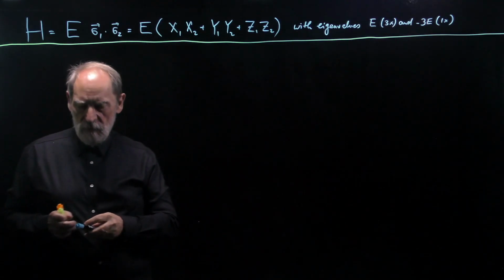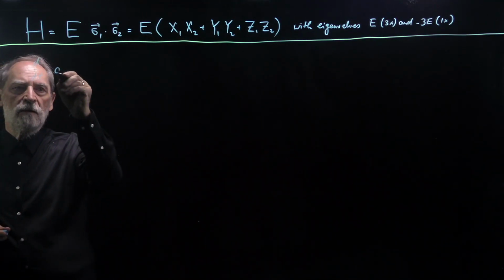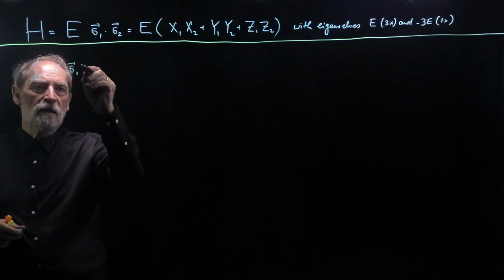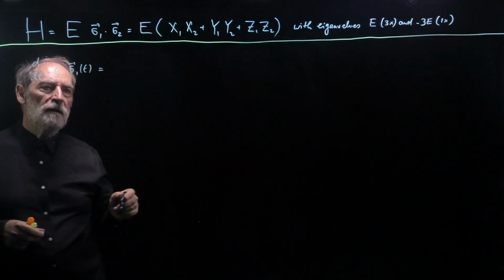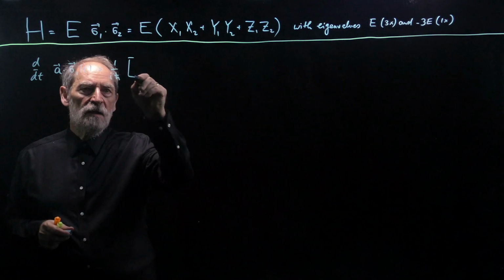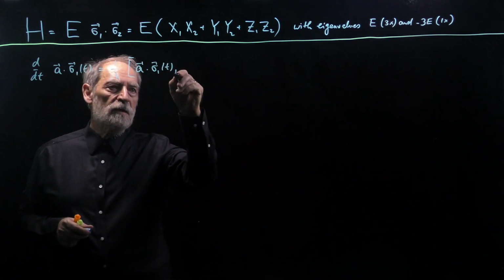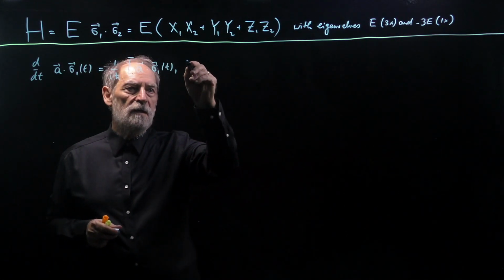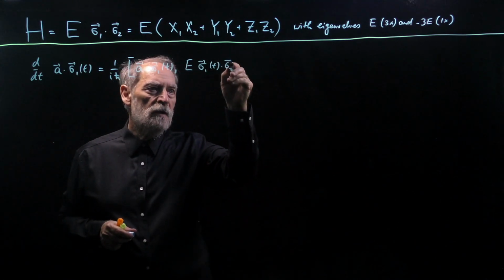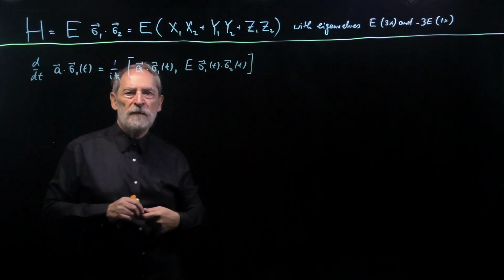Now, that means that we want to look at, say, the time derivative of a component of one of the Pauli operators at time t, and that would be 1 over i h bar, the commutator of this component at time t, with the Hamilton operator, which is E sigma 1 at time t dot sigma 2 at time t. So all operators are at time t, all are at the same time.